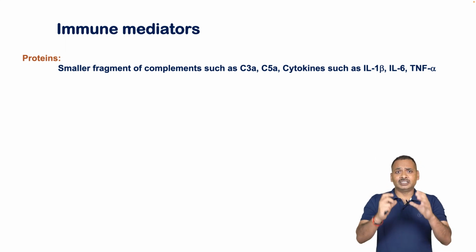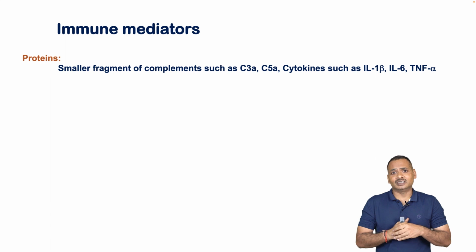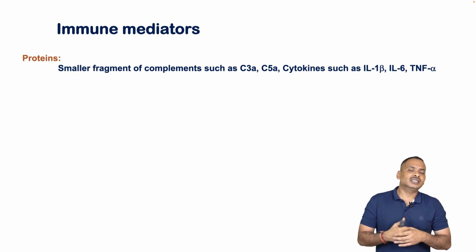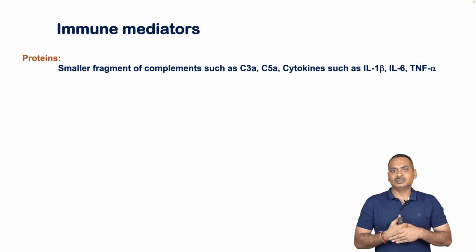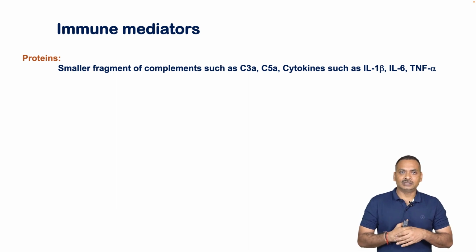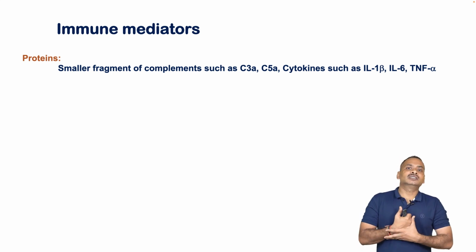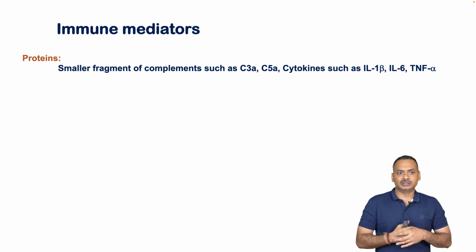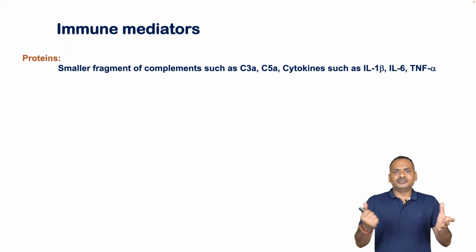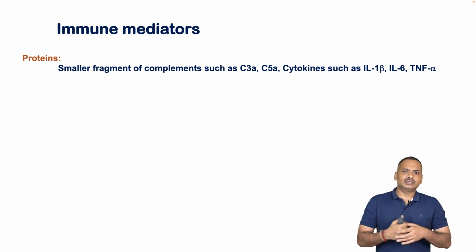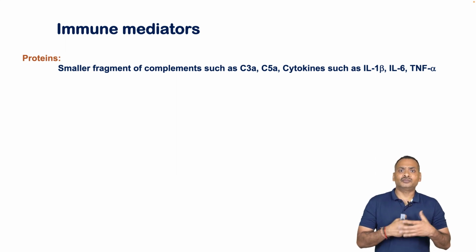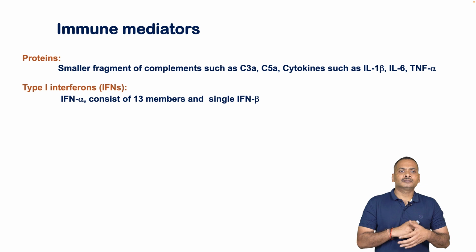They make a hole in the target cell, and then there will be a loss of ions and everything, and that will cause the death of that particular microbial pathogen. So in that way this plays an important role in immunity. Okay. So in great length we have discussed the cytokines, but I just wanted to highlight here the complement proteins, the fragments of complement proteins.